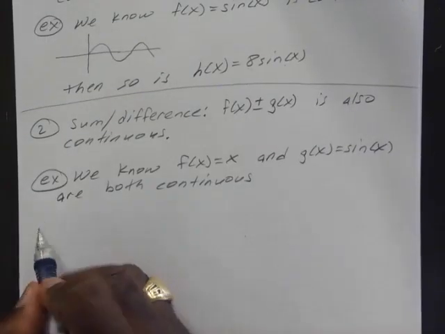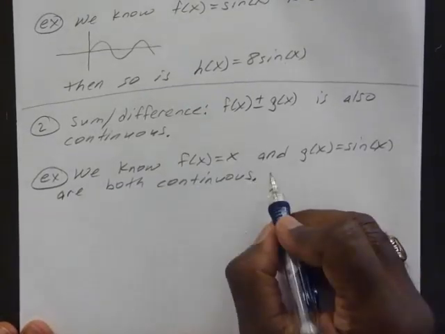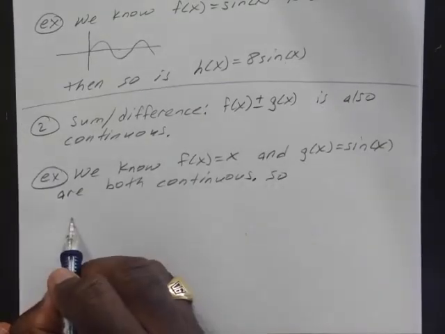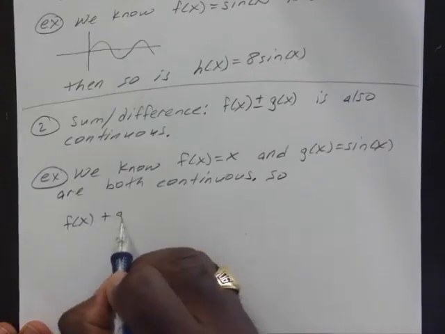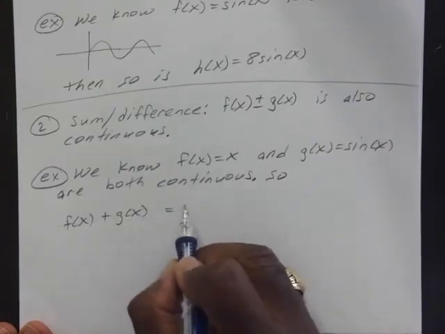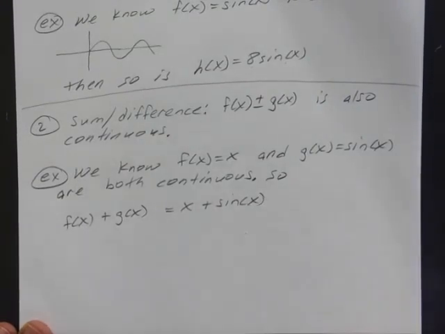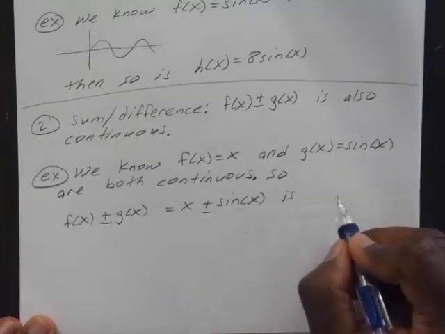Okay. So since they're both continuous, we know that f of x plus g of x, which is just x plus sine of x, or minus, doesn't matter which one, we'll say plus or minus, is also continuous.